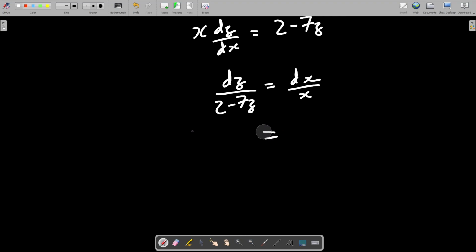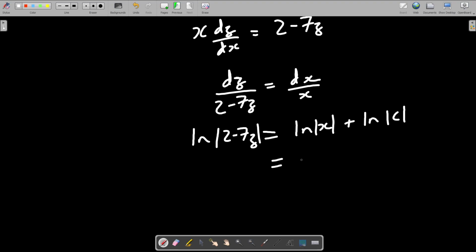So this will become ln of modulus of 2 minus 7z, and ln of modulus of x plus ln of modulus of c also. So this simplifies to ln of x by the properties of log which I stated above.